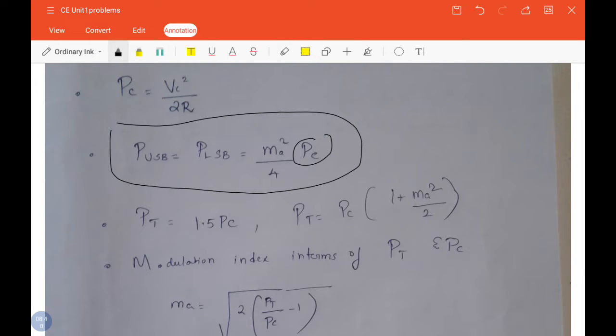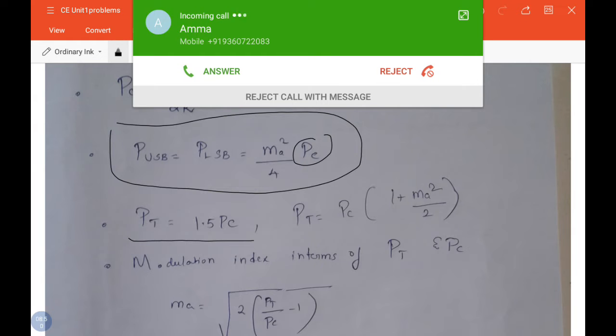Okay, MA is the modulation index, and you can also derive the total power expression in terms of PC like this. If the carrier power is given, the total power is 1.5 times the carrier power.